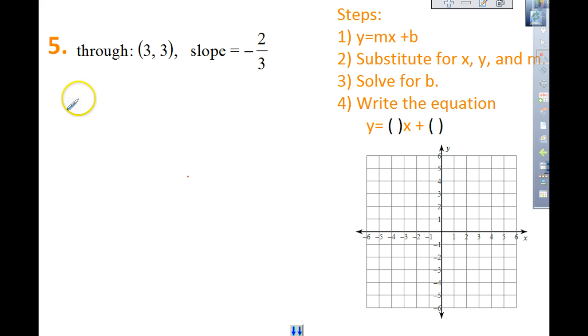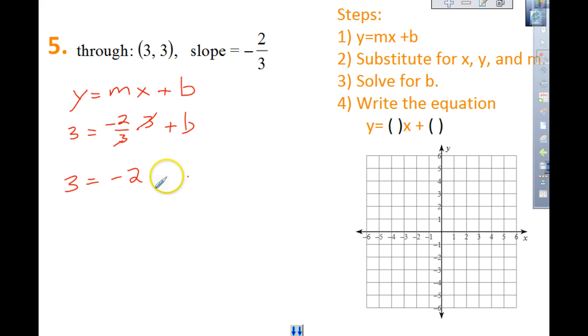So hopefully the fractions don't throw you off. We got 3 equals negative 2/3 times 3. And the nice thing is that the x and the denominator of the slope are compatible. We got 3 equals negative 2.